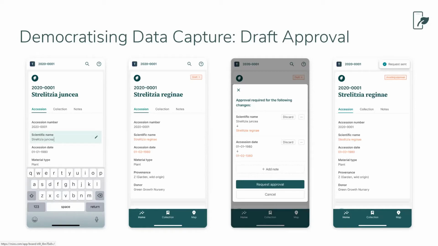So we have one experience, for example, you can imagine changing the identification of a plant in the garden. It's typically something where you only expect maybe the taxonomist to be allowed to make those changes, depending on your garden. But there might be valid opinions from all walks of life in the garden.